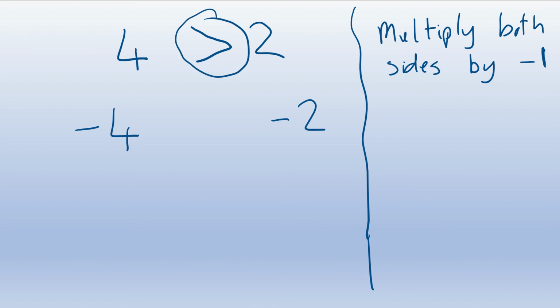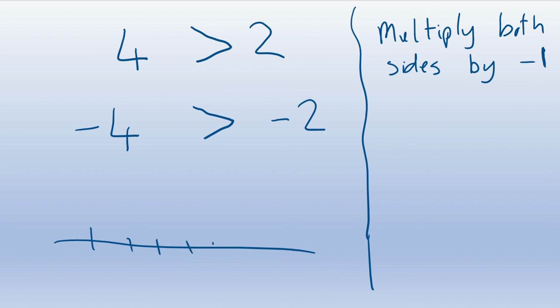Is it going to be pointing the same way? Let's ask ourselves, does that make sense? Is -4 greater than -2? If you think about it on the number line, let's go 0, -1, -2, -3, and then 1, 2, 3.